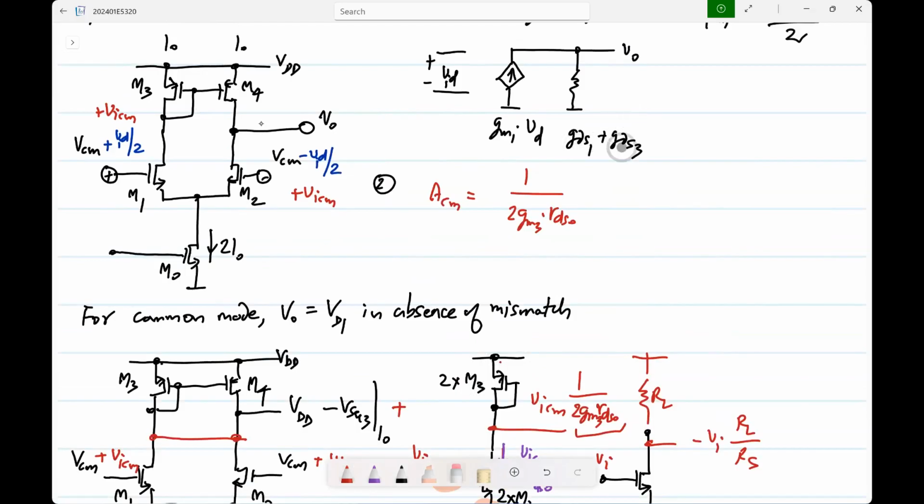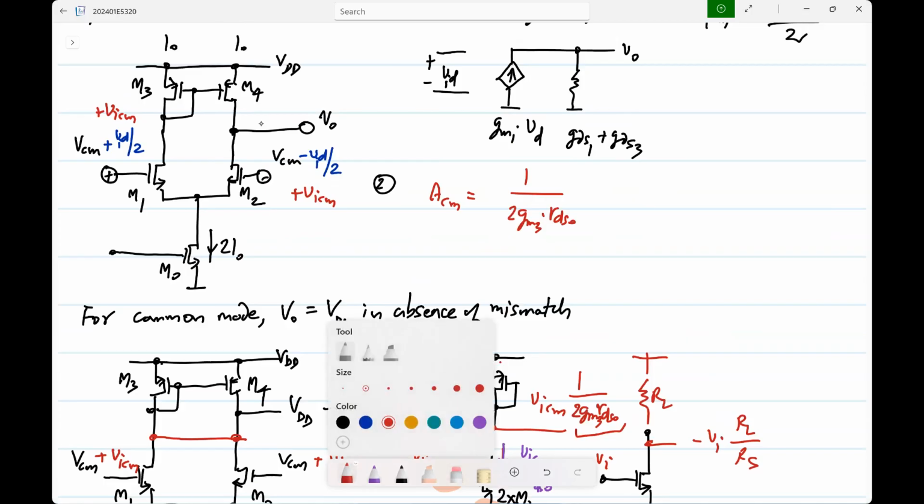The load conductance is lower, GDS1 plus GDS3, whereas the load conductance for the common mode case is much higher. We'll see this more and more. Later we'll come to common mode feedback circuits for fully differential cases. One way of reducing the common mode gain is to make the load behave like a low impedance for common mode signals and high impedance for differential signals.